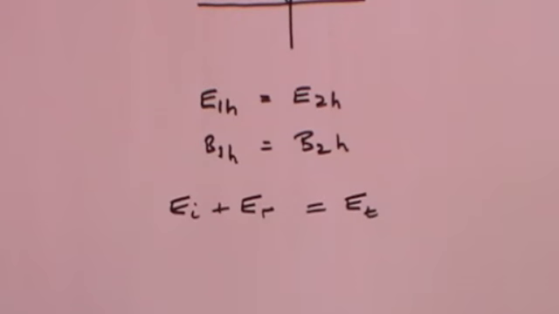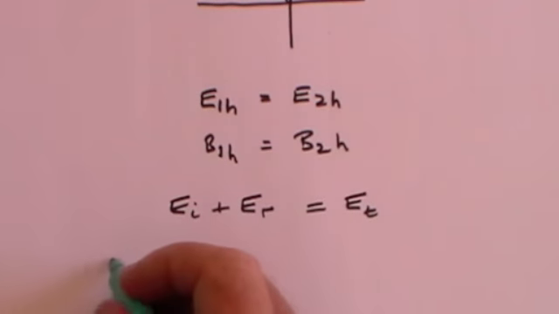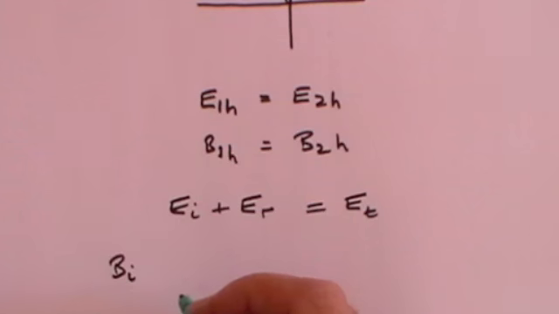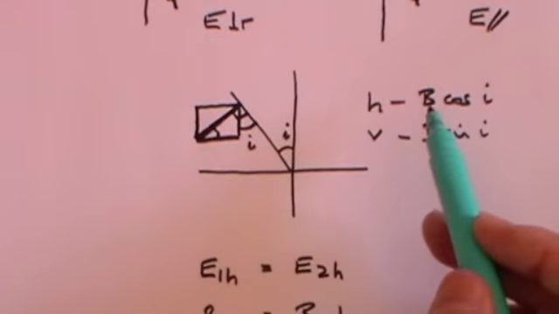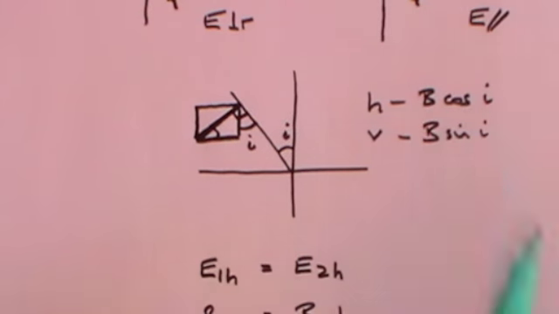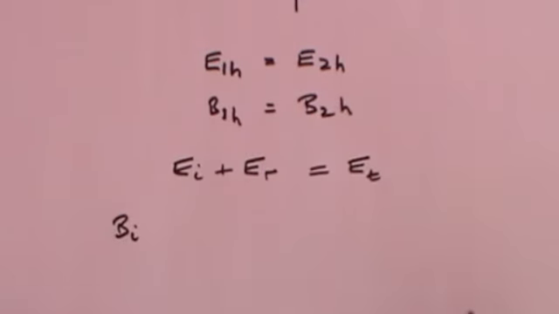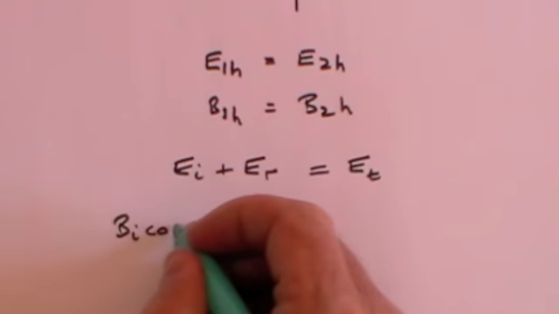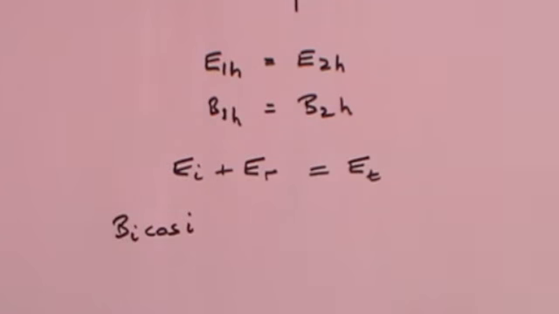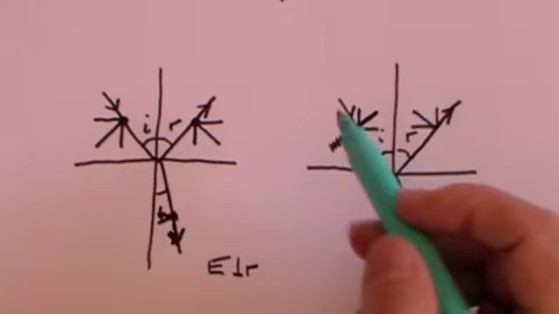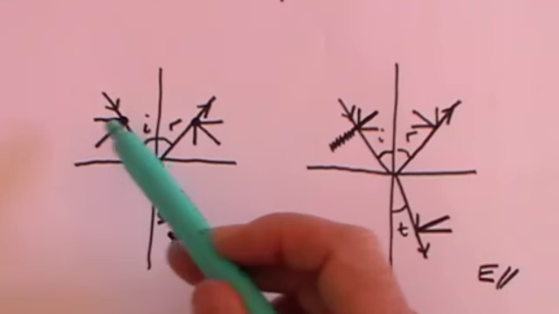Now, what are they? Well, we've got the incident B field. Don't forget we established that the horizontal component is the B field times the cosine of the angle. So this will be BI, the incident B field, times the cosine of the angle I. Then you will have to take minus the reflected B field because it's in the opposite direction.